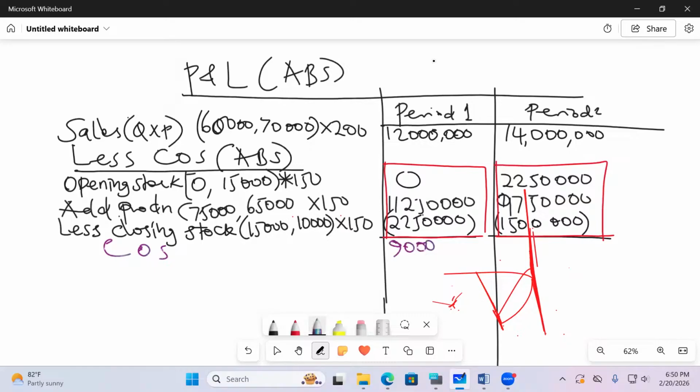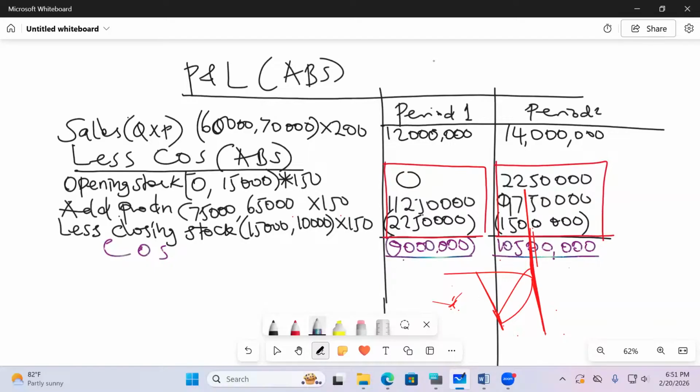How about this cost of sales here? 2,250,000 plus 10,500,000, so we have 10,500,000.